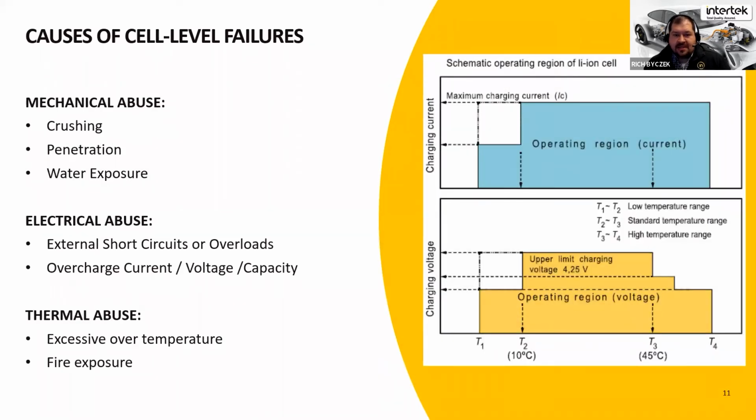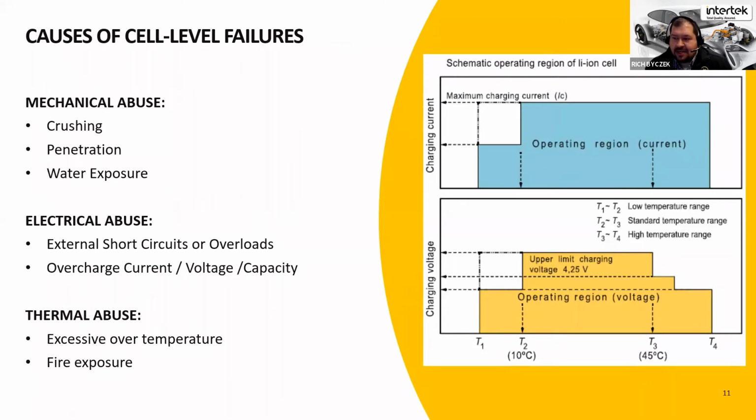Let's talk about some of the other abuses: the mechanical, electrical, and thermal abuse. I mentioned before, exceeding temperature, exceeding current or voltage, either in the positive or negative direction. And the image on the side here, which comes from some of the IEC standards, shows the operating range of a battery in both current and voltage, and a third, essentially, if you made this into a three-dimensional image, you have a temperature range as well.